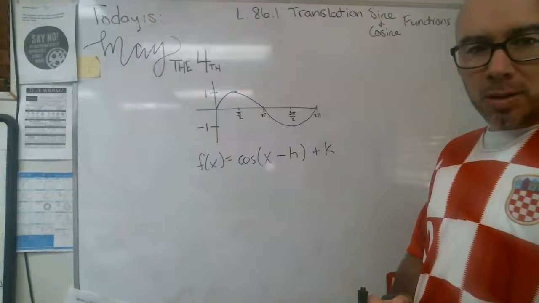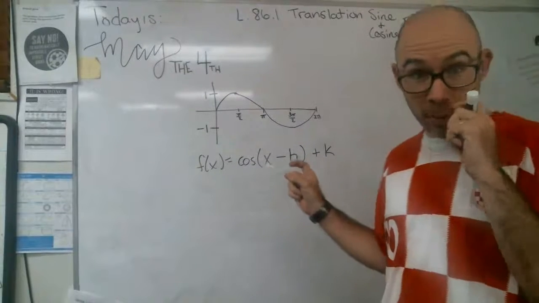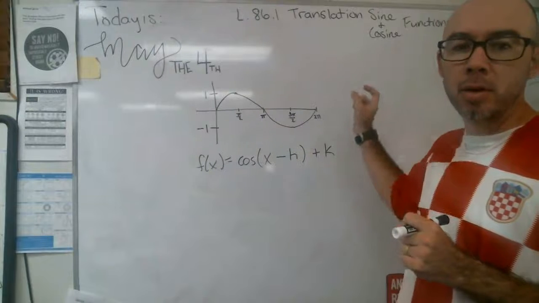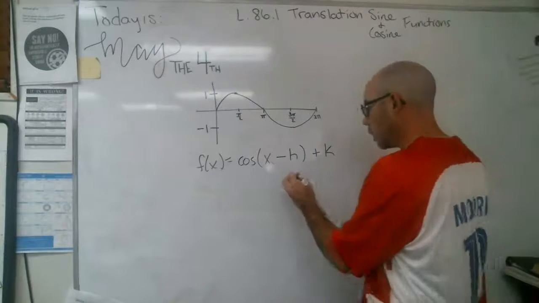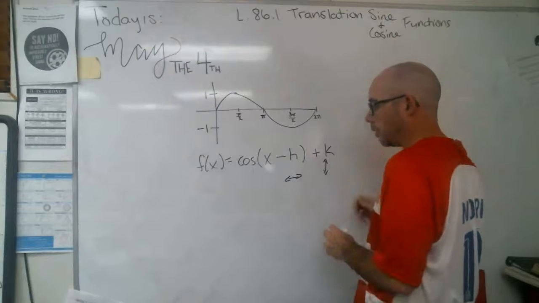Now, h is going to regulate the left and right movement of the whole picture, and k is going to regulate the up and down part of it. Okay, so we got h and k.